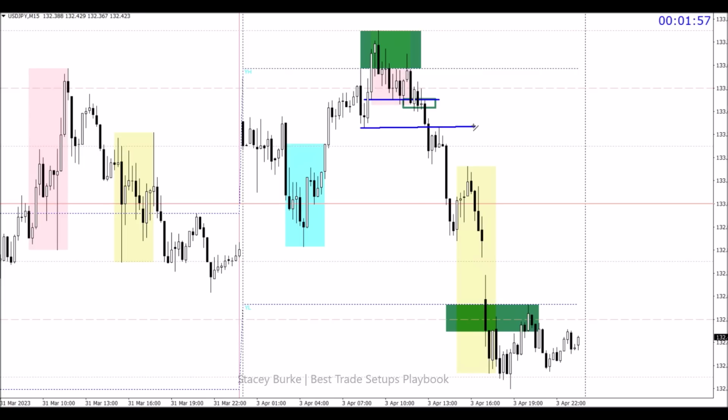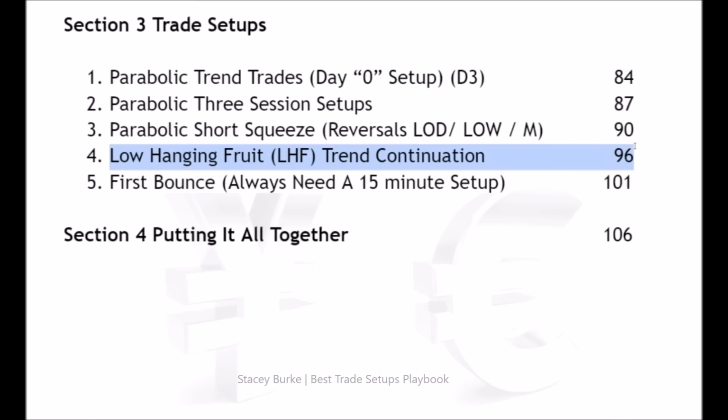It has taken out the low of the session as well as the breakout candle itself, which leads us into our US window. If we have broken down on the inside after taking out the high of the day on a failed breakout, my thesis is low-hanging fruit for the trend continuation.